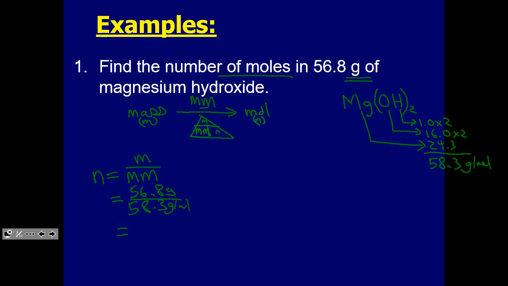I'm not going to show you my fancy calculator because we don't need it at this point. I'm not doing scientific notation. 56.8 divided by 58.3 equals, to 3 significant digits, 0.974, and my units are moles.